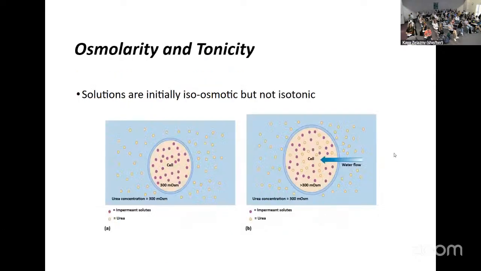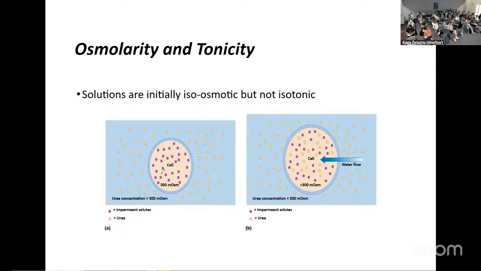Okay. So in this situation, we have an image where we're starting out with solutions that are isoosmotic, but they're not isotonic. We're paying attention to this to highlight the difference between the two terms. Isoosmotic means the same osmolarity on each side.